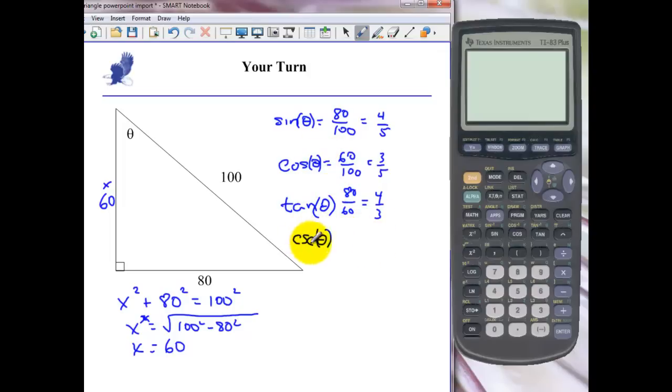But you can't just use the name of the function, it has to have an input. Cosecant is the reciprocal of sine. Secant of theta is the reciprocal of cosine. And again, cotangent is the reciprocal of the tangent, and that's going to be 3/4.